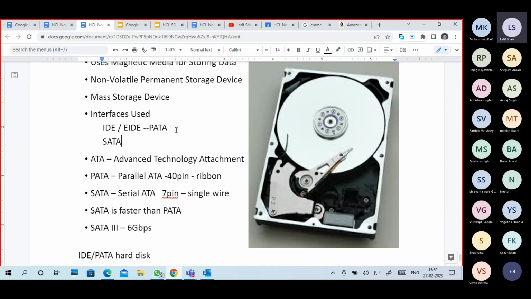So this hard disk, in earlier days they used a technology called IDE, Integrated Device Electronics.